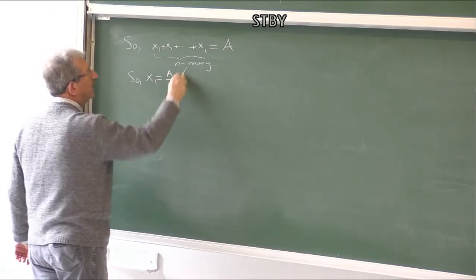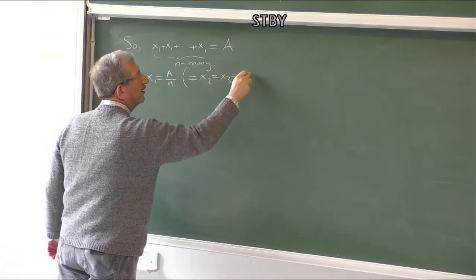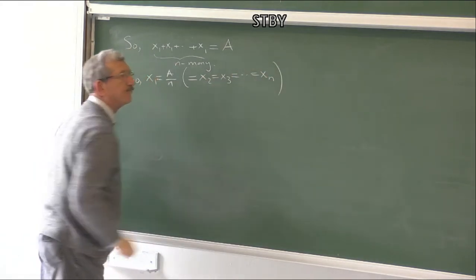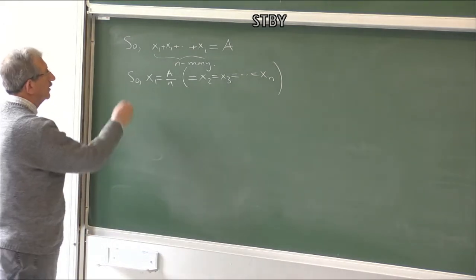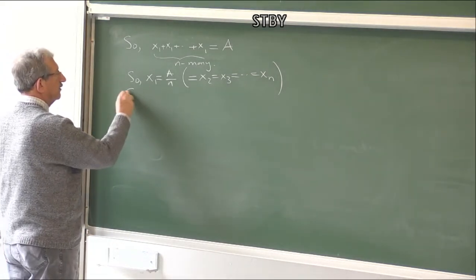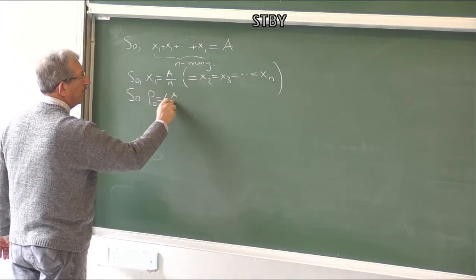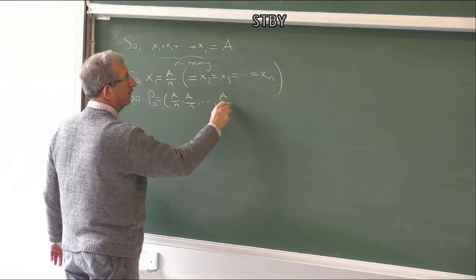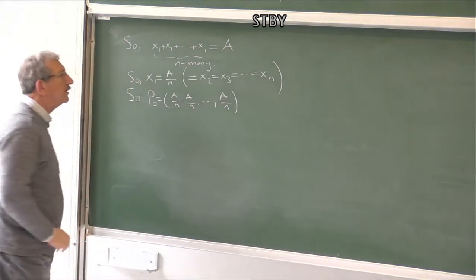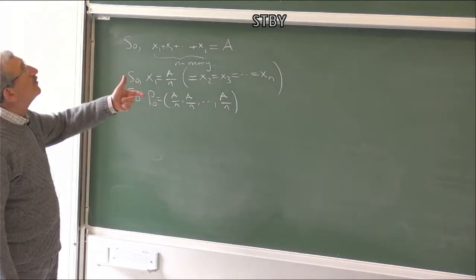But then, because they are equal, this is x2, this is x3, it's xn. Now, what this says is the following. Obviously, the point P0 = (A/n, A/n, ..., A/n) is a critical point.